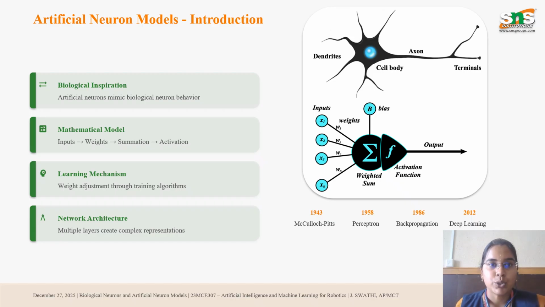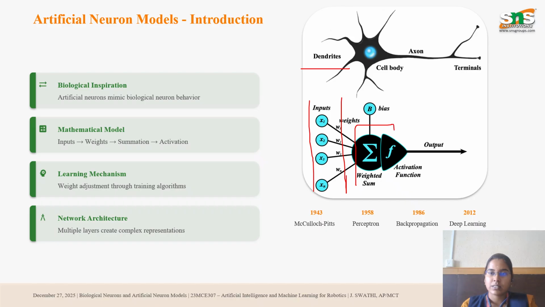Coming to the artificial neural models, the dendrite is the sensing part, right? So we converted it into input, and the cell body is where the action is taken or the processing is done. So we take it as a weighted sum or activation function, and we have the axon through which it is transmitted. The activation function takes that part, and the output terminals are nothing but your output.